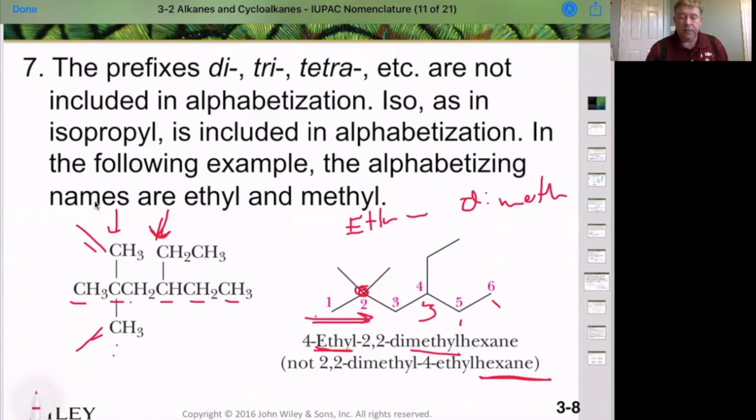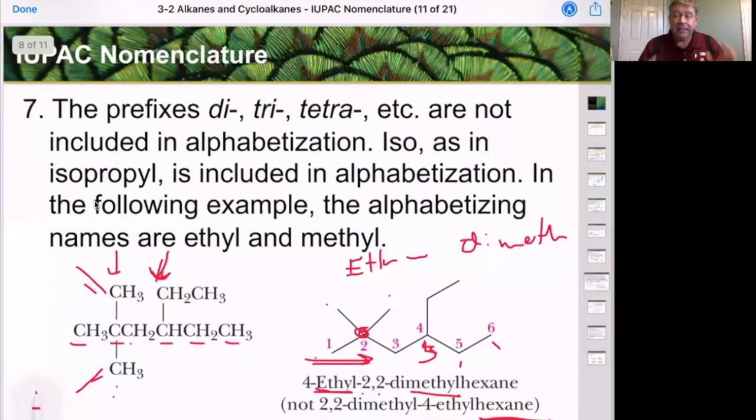So that gives us, each of these methyl groups is on that 2 carbon. So we have 2,2-dimethyl hexane, okay? But because the ethyl comes first, we have it also on this 4 carbon. So it's 4-ethyl-2,2-dimethyl hexane, okay? So that's the 7th rule of nomenclature, okay?